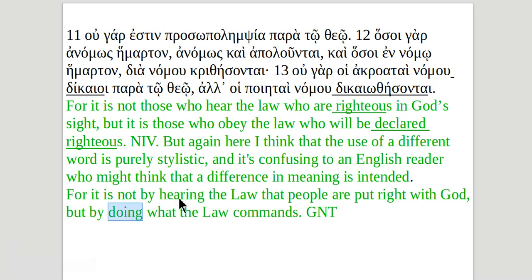That comes out more clearly, and we're not distracted or put off the scent, if you like, by the difference in words here, because what it's meaning to say is that the same outcome is being talked about, but the important thing that's changing is the hearing and the doing.